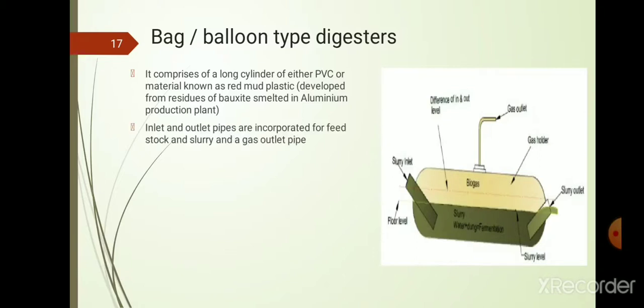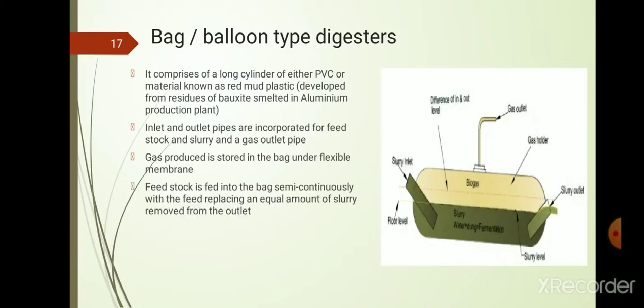And here also we have an inlet pipe for feeding the biomass and an outlet pipe for taking out the slurry, and we have a gas outlet pipe at the top. And this gas produced is stored in the bag itself under a flexible membrane.